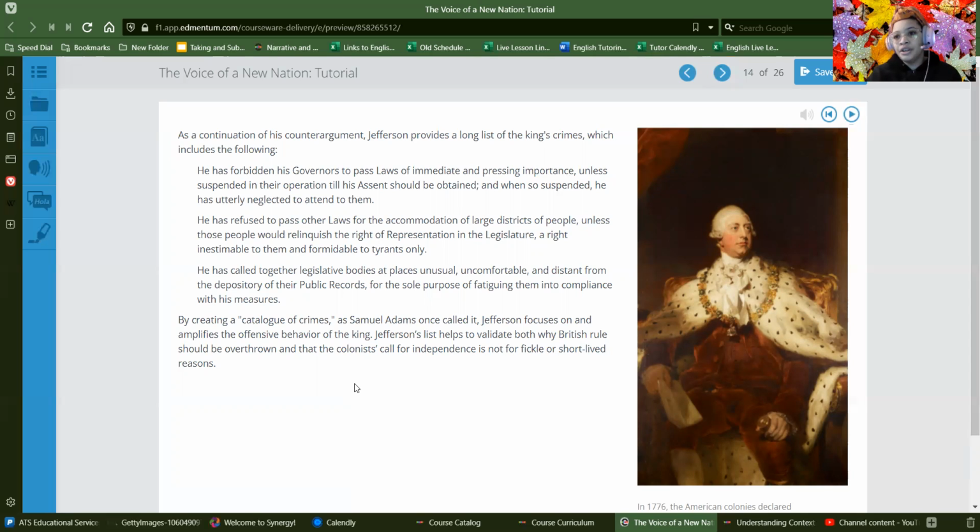Maybe we should look at this long list of crimes and demand something better, because this king has done a lot of messed up stuff, and we don't want to be ruled by somebody who's willing to disregard us to do just what he wants to do, or things that are good for him, because the things that are good for him are not good for the people.